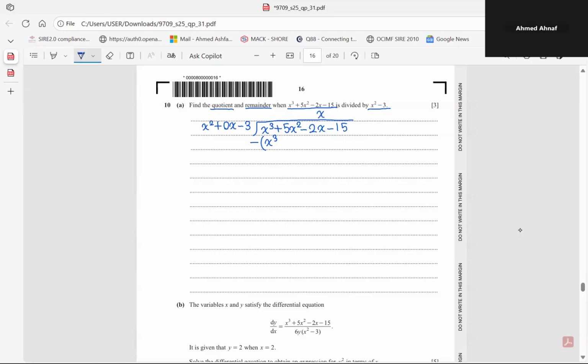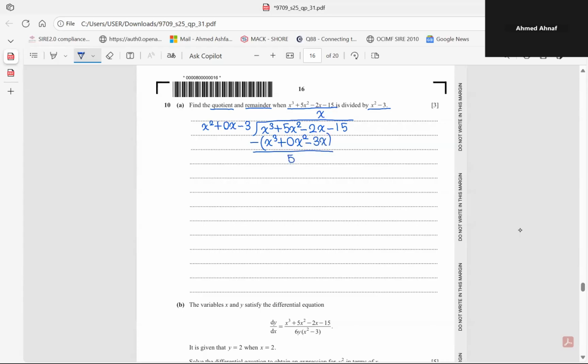And always remember, whatever term you're multiplying by, always put it on top of the term that it matches. In our case, it's an x term, so I put it above the x term in our original equation. So 0x times x is just 0x squared, and minus 3x is minus 3x.